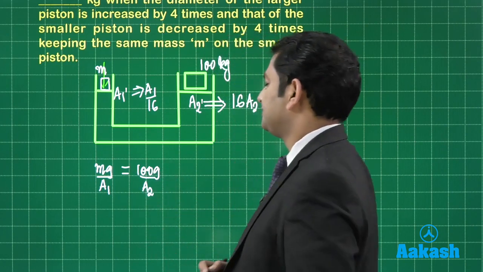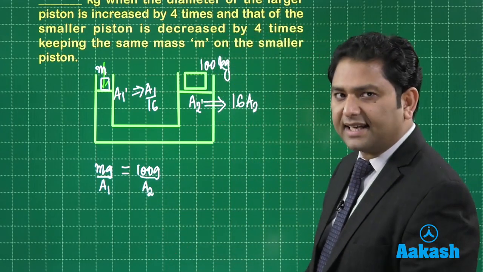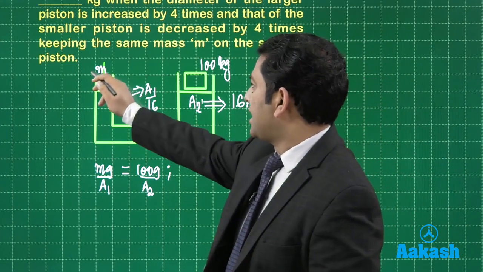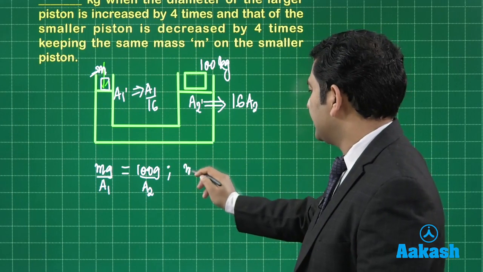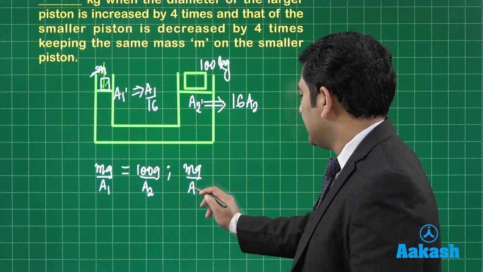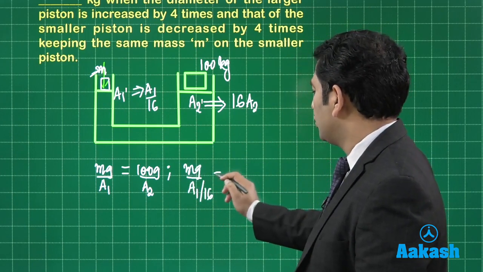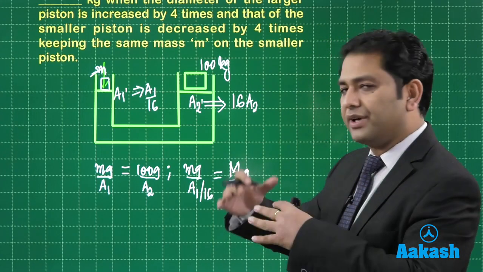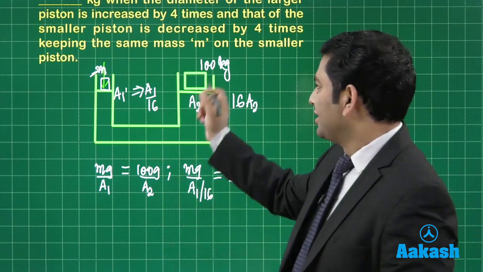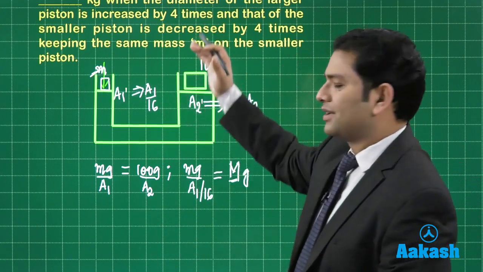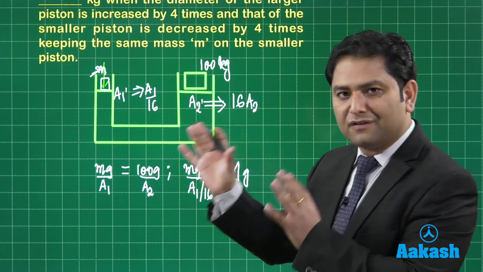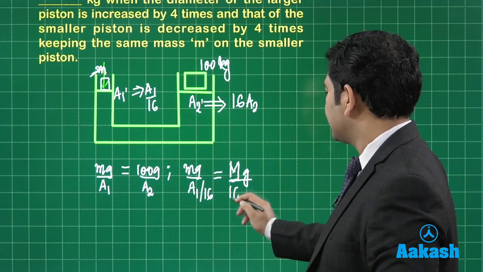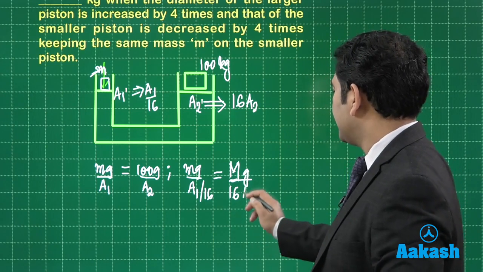You get that? Now, in the second case, we have to find what the same mass m can lift. So in this second case, mg by A1 by 16 will be equal to the new mass that we are calculating, capital M, which is the unknown, times g by 16 multiplied by A2.